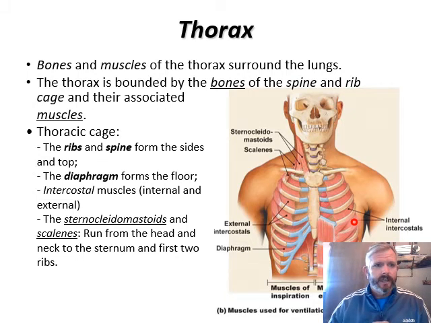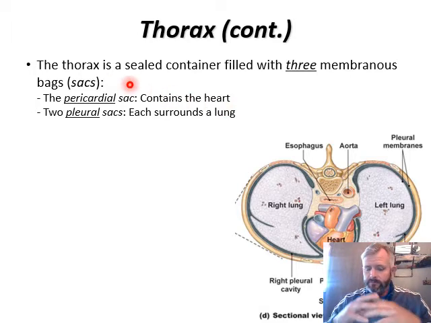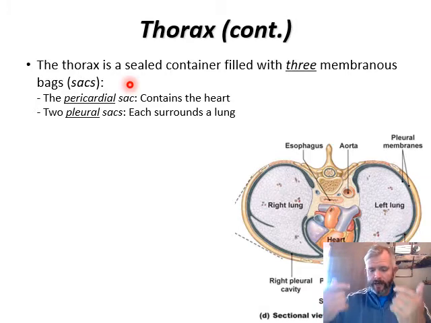We'll see how this operates in a bit, but let's continue on looking at that thorax. Think of it as a sealed container. The only way air is getting in is coming down the trachea into those tubes and expanding them.